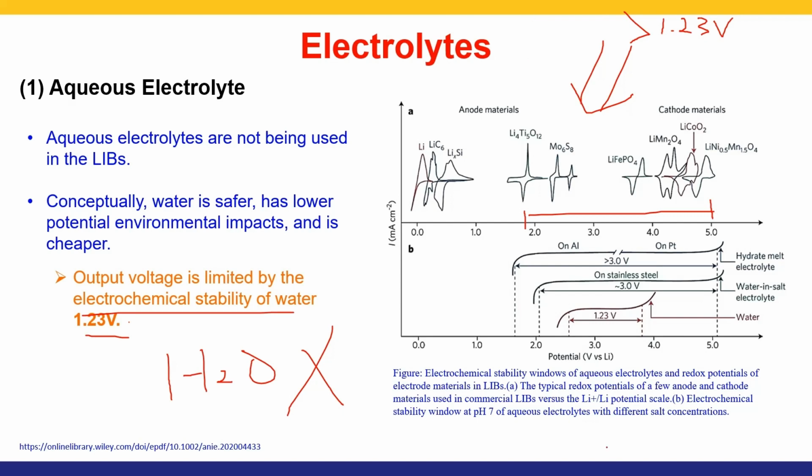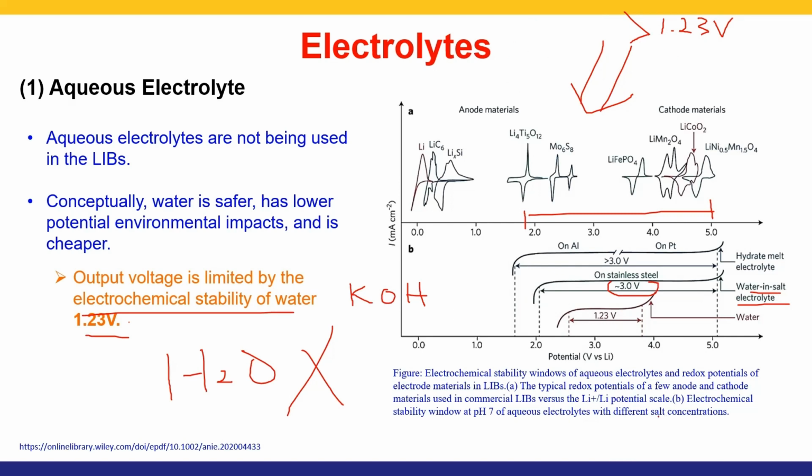However, kinetically speaking, usually the water can be split well above 1.23 volts. If we add some salt into the water, for example potassium hydroxide, KOH, the electrochemical stability of water can be improved up to 3 volts.